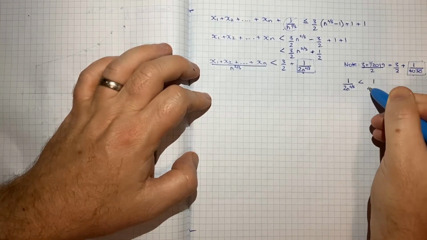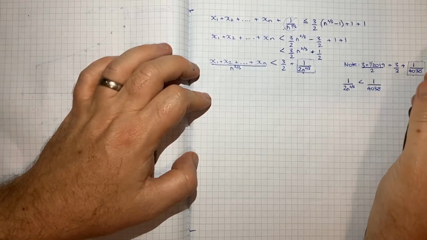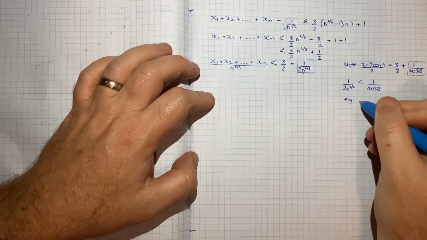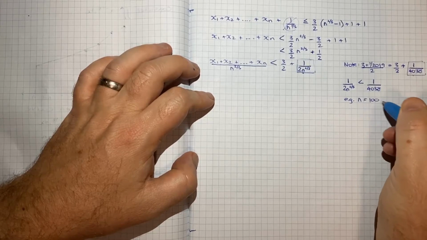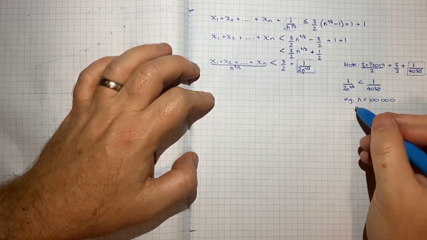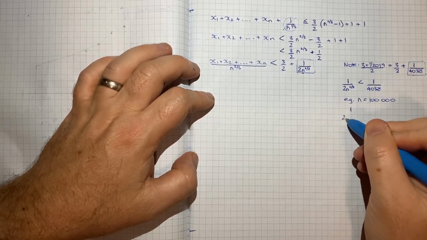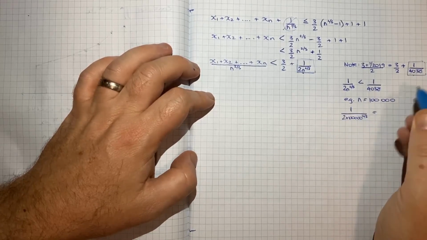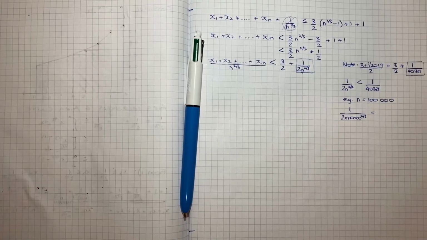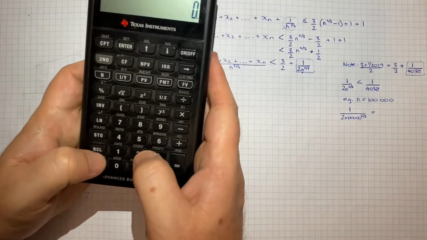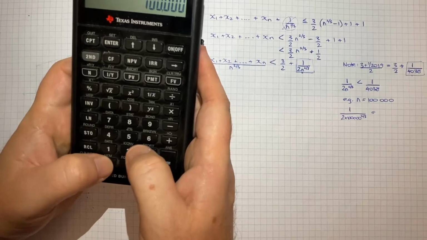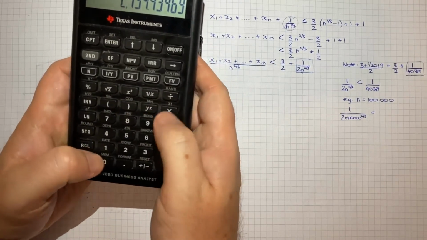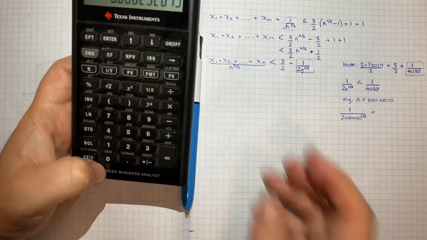And just like before, if I think of a large number, so e.g. n is equal to 100,000 again, what do we get? 1 on 2 times 100,000 to the 2/3 is equal to, so let's do this, 100,000 to the power of 2 divided by 3 times 2, and then the reciprocal.